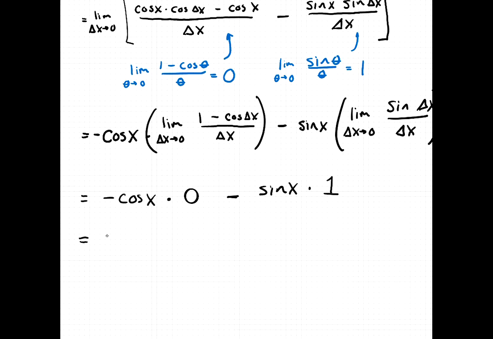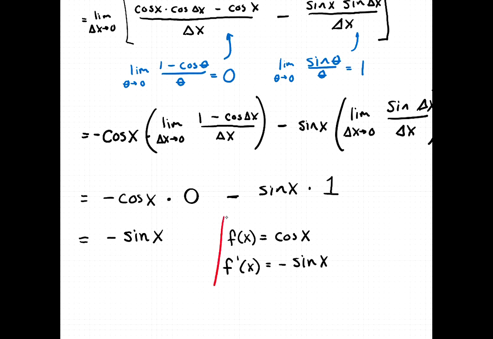So we have the negative sine of x as our derivative of the cosine function. So if f of x is equal to the cosine of x, then the derivative is equal to negative sine of x. And that is our derivative formula for the cosine function.